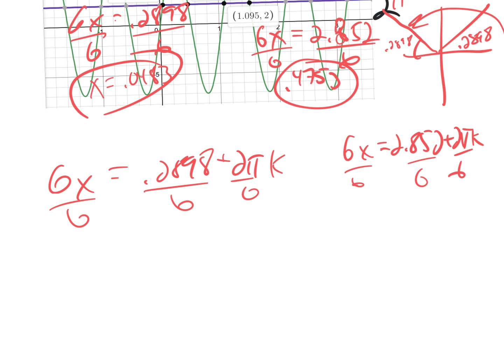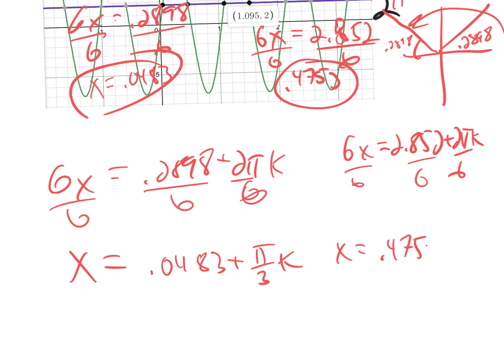And now I'm just going to divide everything by 6. So x equals, I don't remember, do I still have those on my calculator? I do. 0.0483 plus pi over 3k, right? And x also equals 0.475 plus pi over 3k.